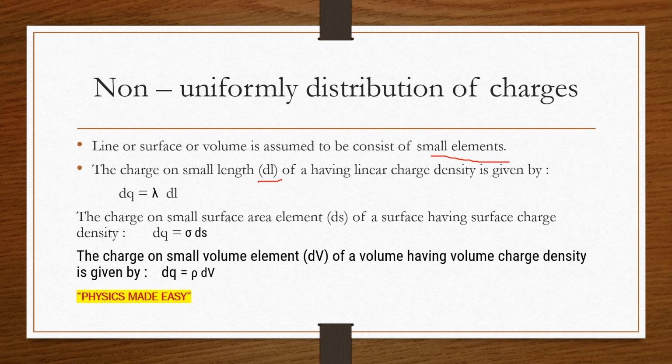Here lambda is the linear charge density and sigma is the surface charge density. Then for the volume, dq is equal to rho into dv, where dv represents the small volume element.